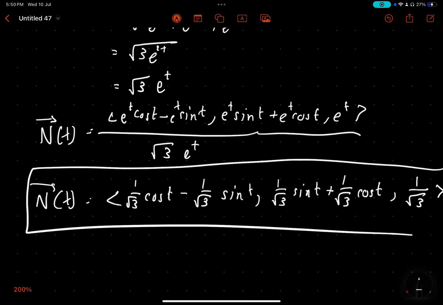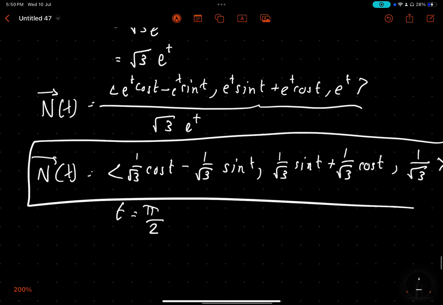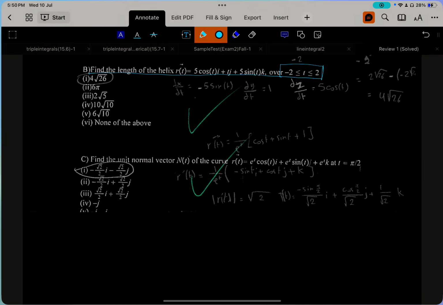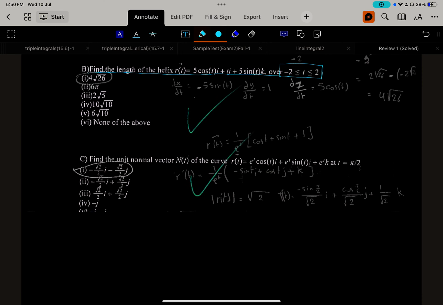I think we might get it. 1 over, let's substitute at t equals pi over 2. Let's try our solution. Okay, so I got negative 3 over root 3. Here he got negative 2 over root 2. So that's an issue.